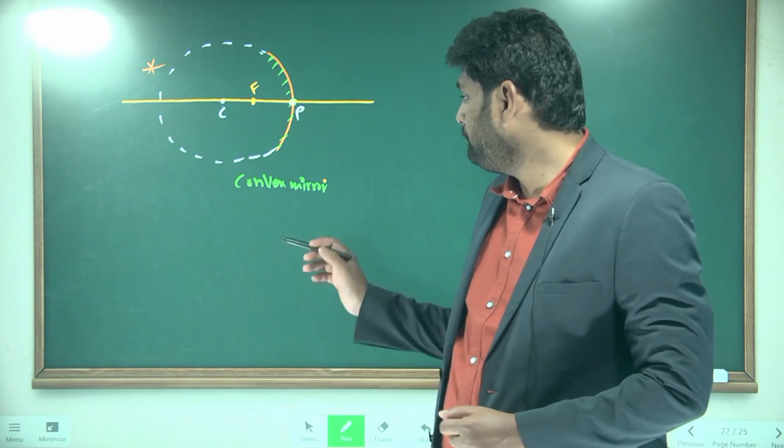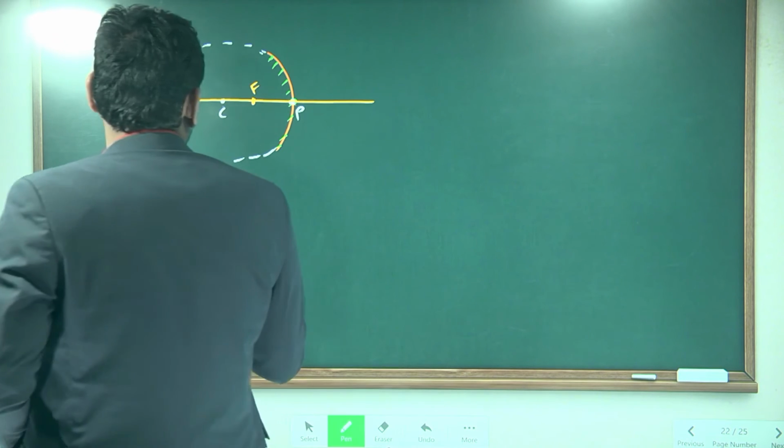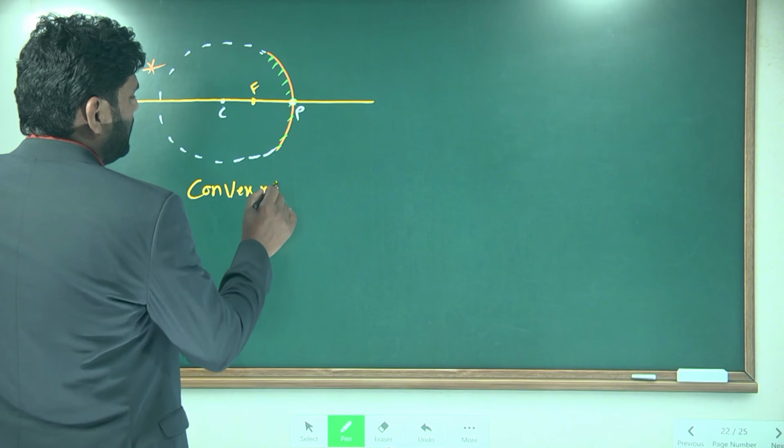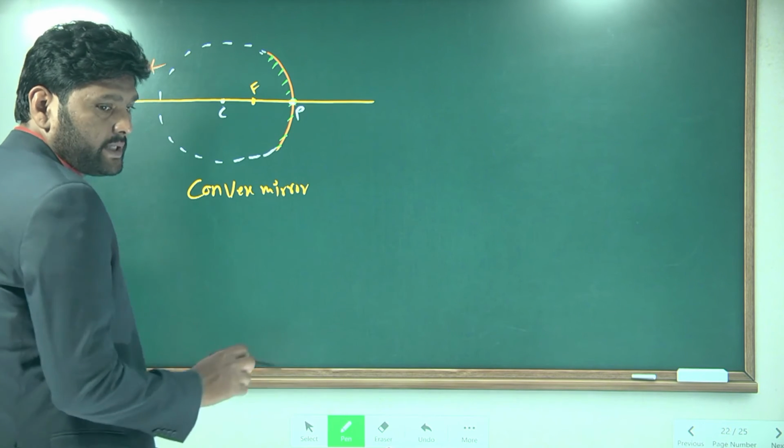After this, this is called a convex mirror. Now, I will give an example problem.